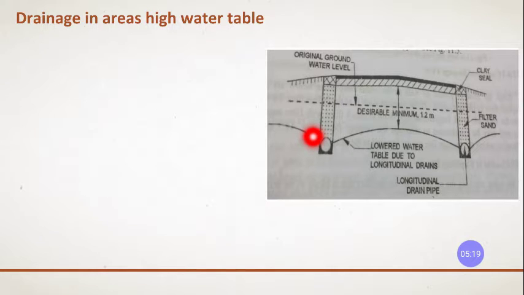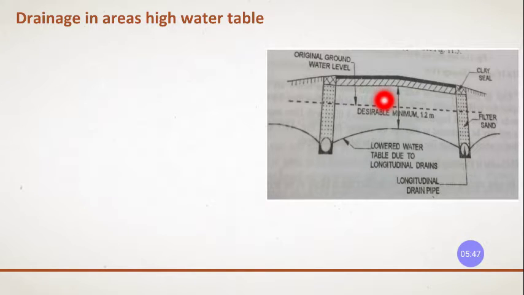Once the water gets into the drainage pipe, which is provided at a longitudinal slope, it is carried away with that slope. In this way, you are controlling the water table and not allowing it to move towards the subgrade of the road.